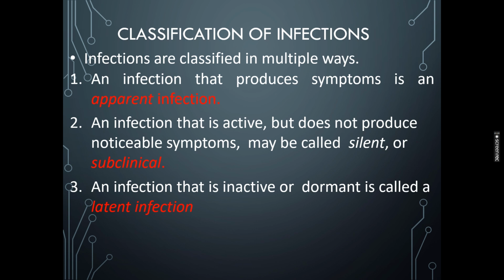And the third one is the latent infection, meaning the infection is present but in an inactive or dormant state. So these are the three types of infection: apparent, when the patient shows signs and symptoms; subclinical, meaning the infection is there but the patient does not show any signs and symptoms; and latent infection, meaning the bacteria are present in the body but not in an active state.